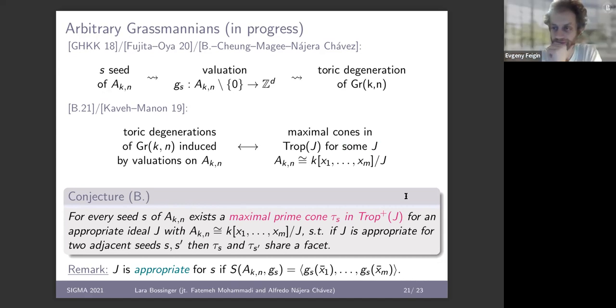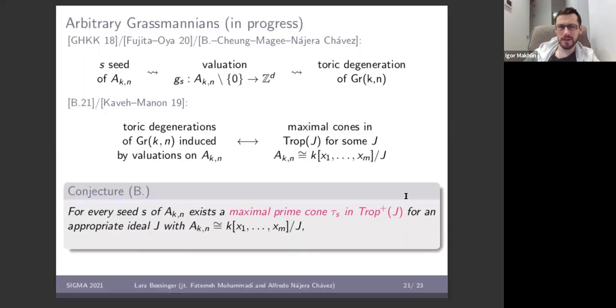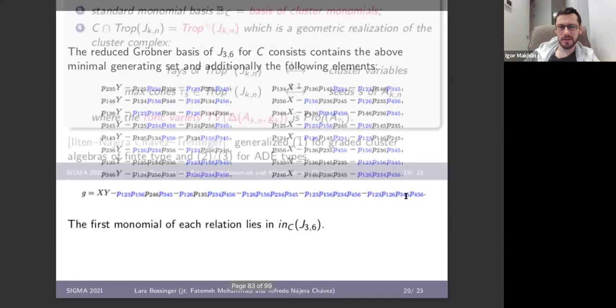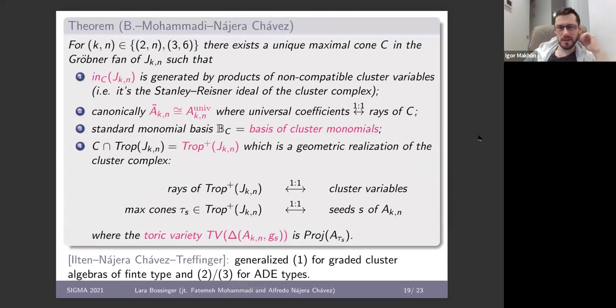Further questions? Well, I had a similar question to the one I asked, but now for n equal to 3 or k equal to 3. So if you go back to the theorem here. So when k is 3, the ideal is already larger than the Plucker ideal.